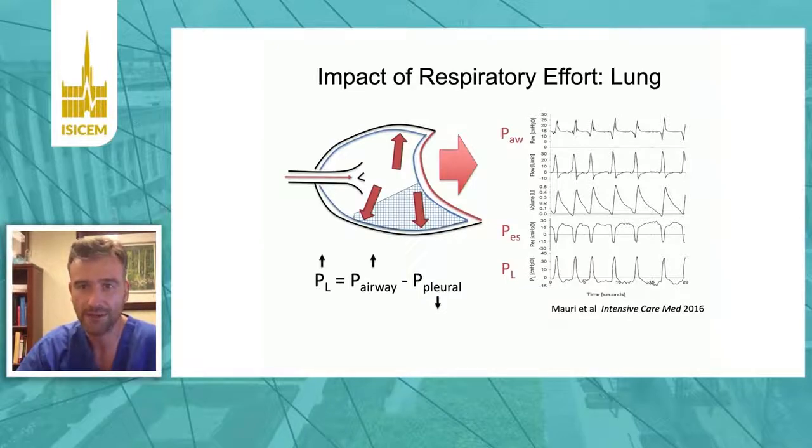Even when airway pressures are relatively low, as shown here in these tracings, because of vigorous respiratory efforts, as shown by the esophageal pressure tracing, the transpulmonary pressure swings are very high and almost certainly injurious. So we want to avoid respiratory effort being excessive from the standpoint of lung protection.